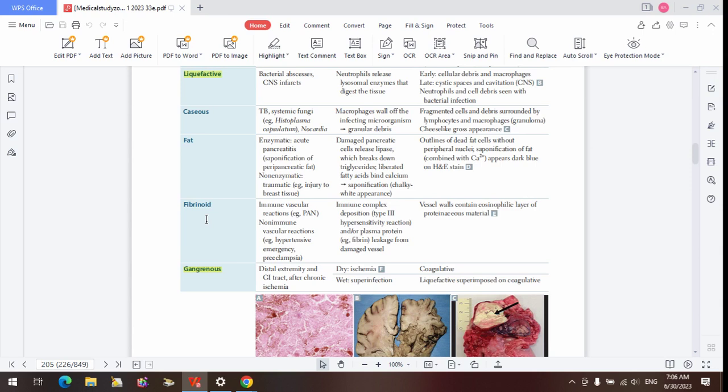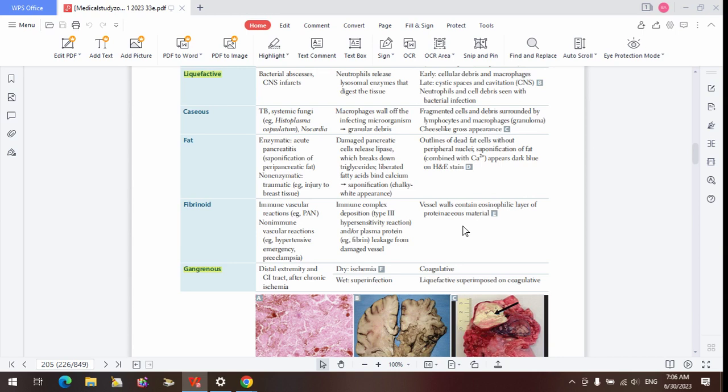And when you stain it, you are going to see an eosinophilic layer of proteinaceous material. That is the fibrin that you are particularly staining. So don't forget, immune complex as well as hypertension from many causes. Preeclampsia, there's hypertension through preeclampsia. Hypertension is a major thing in preeclampsia. So any hypertensive cause will bring about fibrinous necrosis.